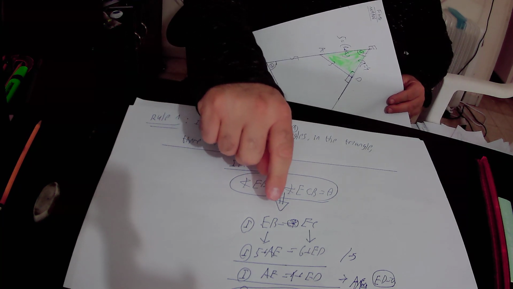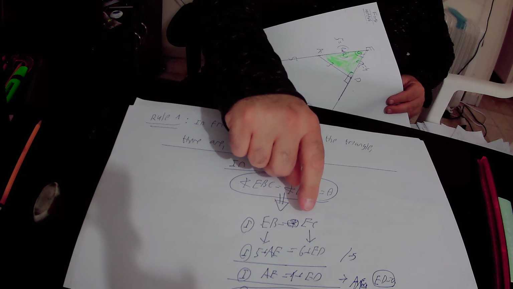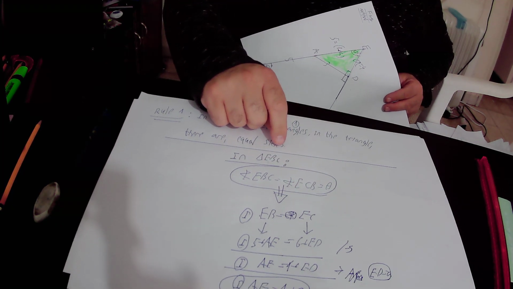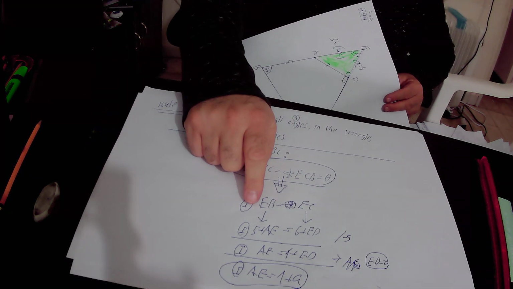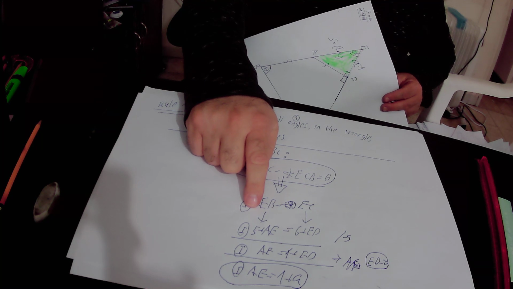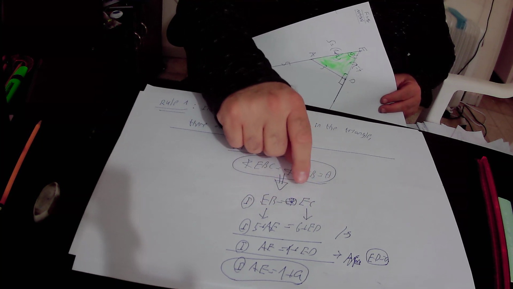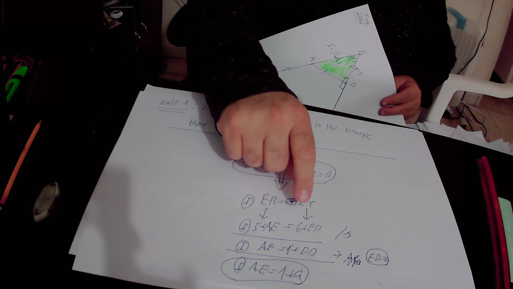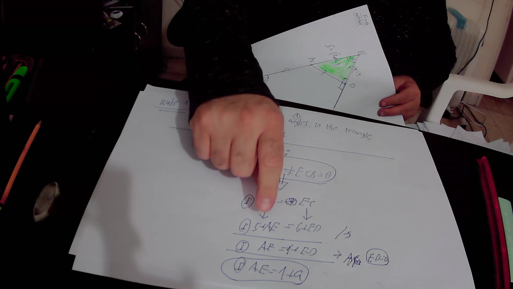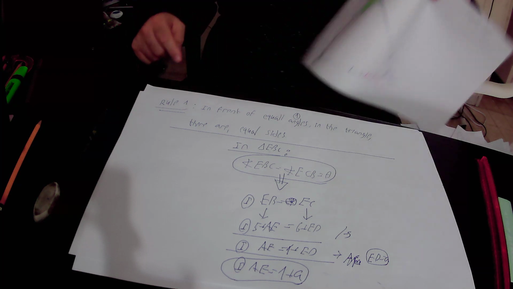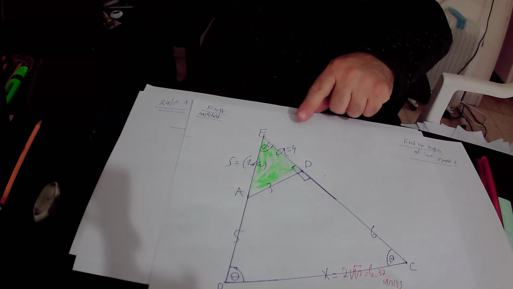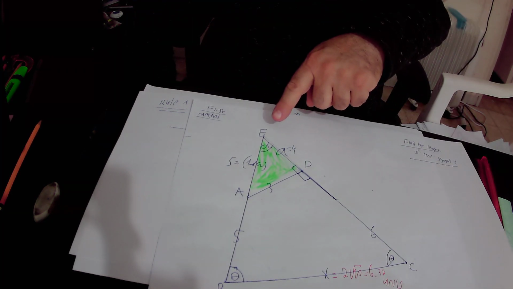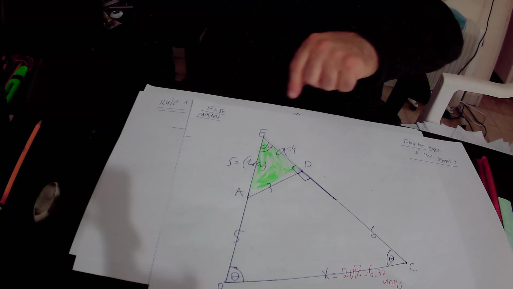EB equals 5 plus AE, EC equals 6 plus ED. Here we subtracted 5 from this equation and we found out that AE equals 1 plus ED. We defined ED as a, so we substituted ED by a and we got that AE equals 1 plus a. So here ED equals a and EA equals 1 plus a.